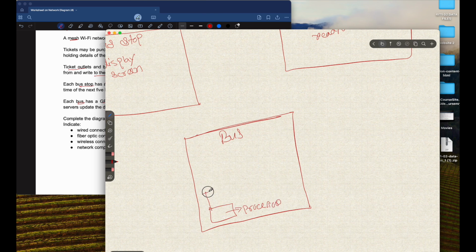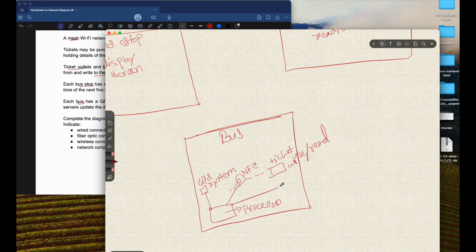So that's why we add a GPS system here, GPS system. Then there will be an NFC, because they say that there will be an NFC. So we will add an NFC here, similar to this. NFC is able to read and write the ticket, so here we must mention write or read.